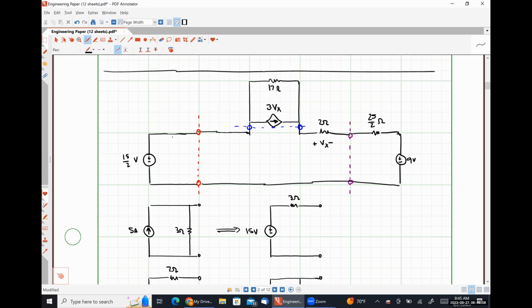And hopefully we all understand that these two voltage sources are of opposite polarities, so I need to subtract them. So what's 9 minus 15 halves? Three halves, yeah. So 1.5 or 3 halves, absolutely.